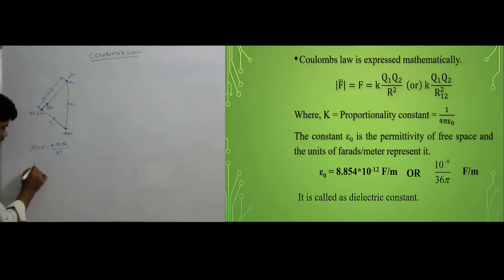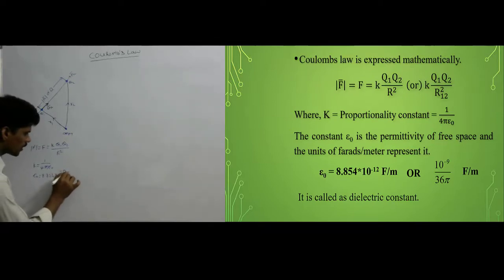The proportionality constant K is equal to 1 by 4 pi epsilon naught, where epsilon naught is the permittivity of free space.